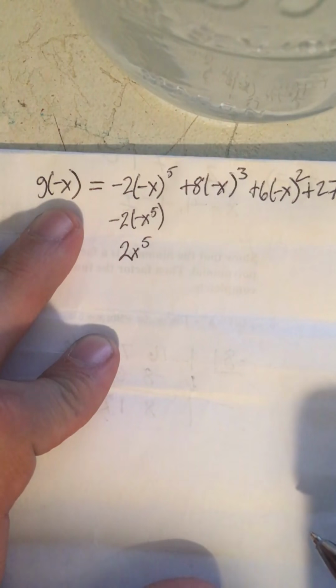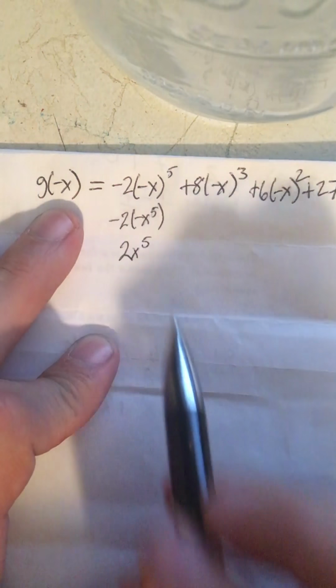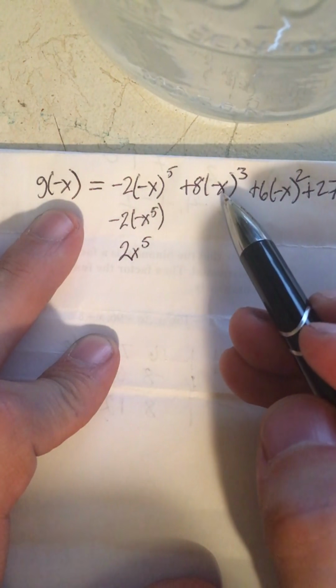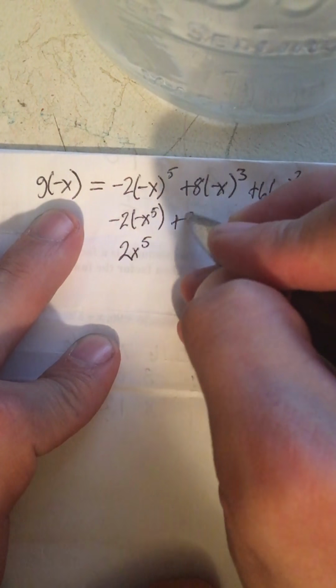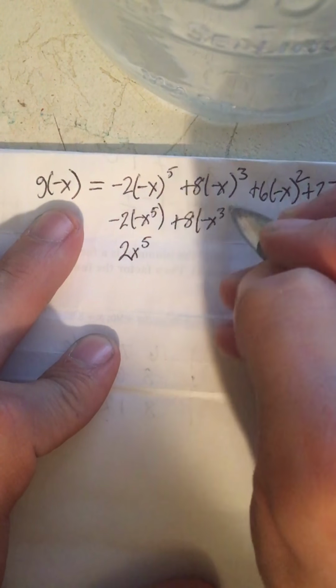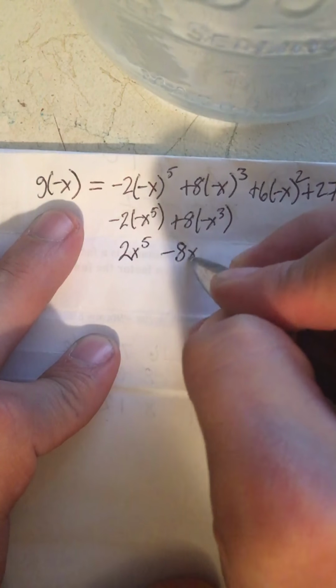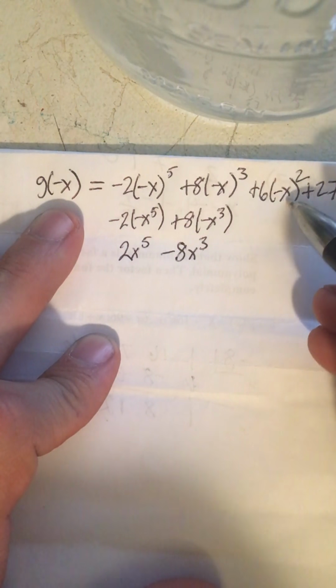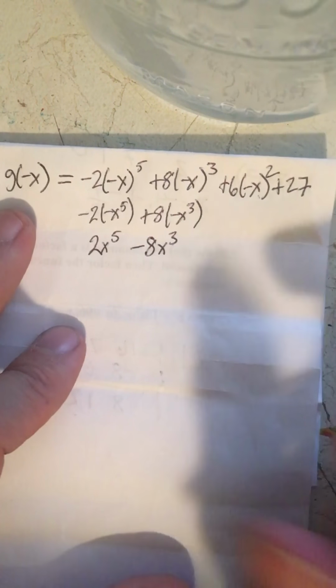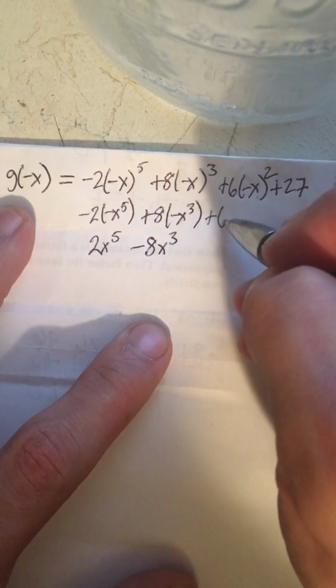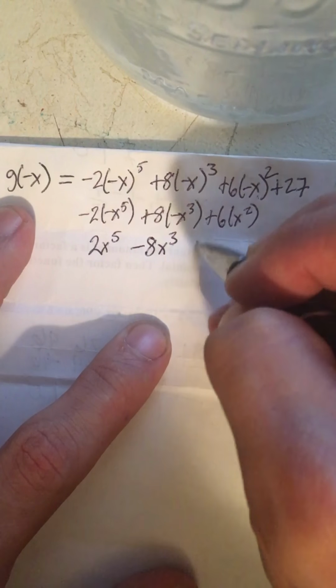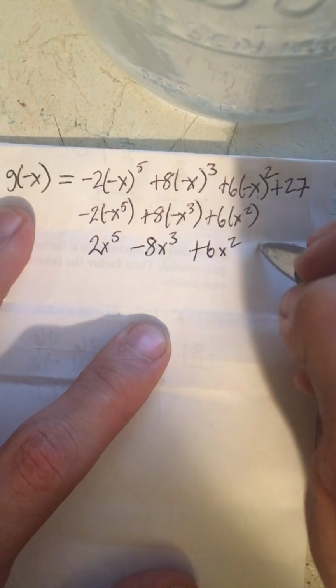So that's positive right now. That's a negative times a negative. This right here is going to turn into a negative. So that's plus 8 times negative x to the 3rd, so that'll be minus 8x to the 3rd. This right here is a positive, because when you take a negative times itself, it's positive. So this is plus 6 times x squared, which is just plus 6x squared, and this would be a positive right here.